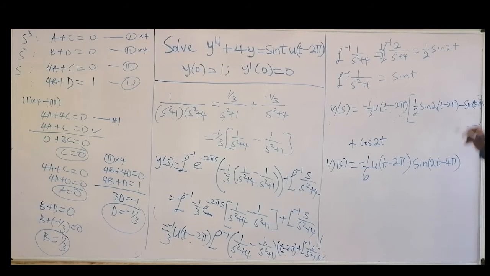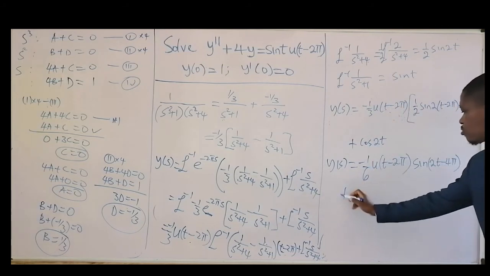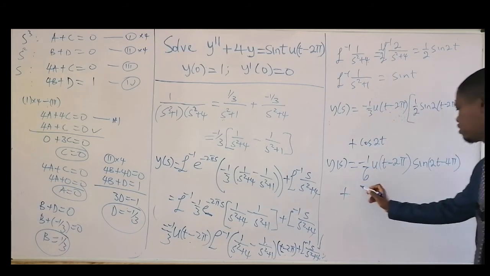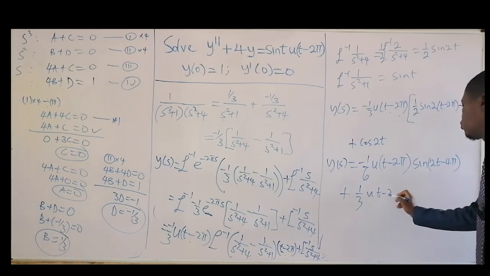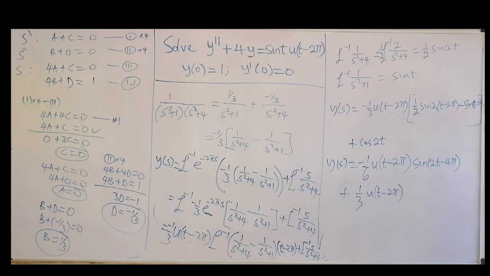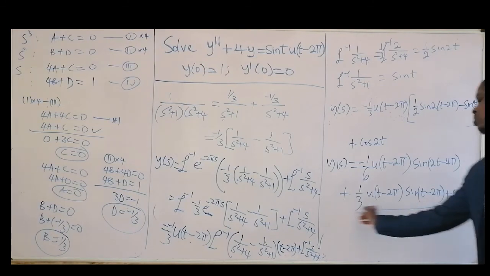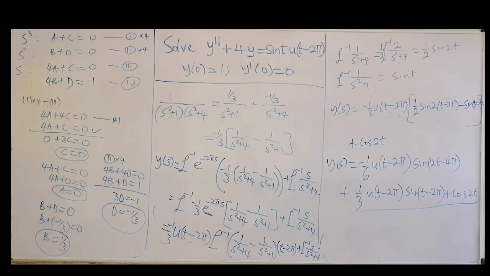Then minus times minus, that's plus 1 over 3, u of t minus 2 pi, sine of t minus 2 pi. Then plus cos 2t. So that's just that to that question.